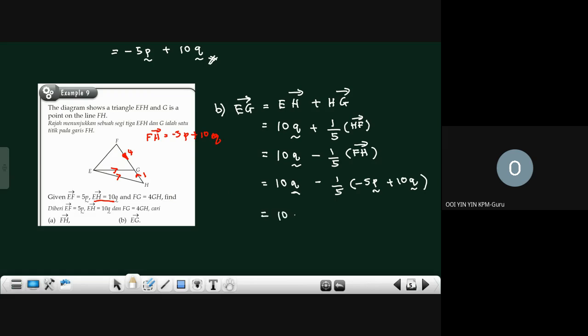You have 10q here. Then minus becomes positive. 1 over 5 multiply 5, we get 5p here. And then negative 1 over 5 multiply with positive 10 becomes negative 2q.